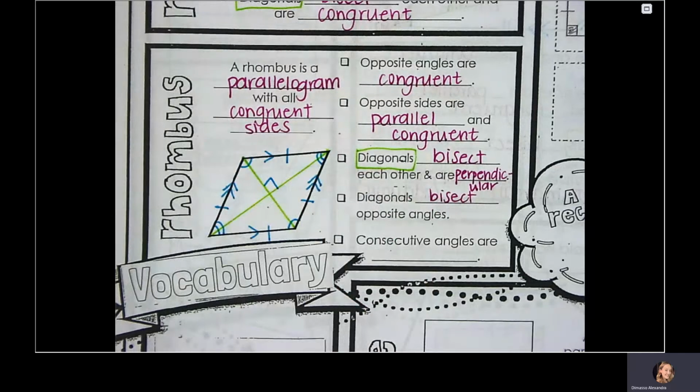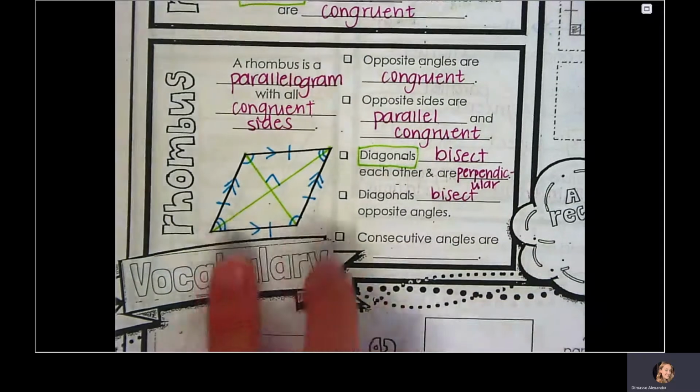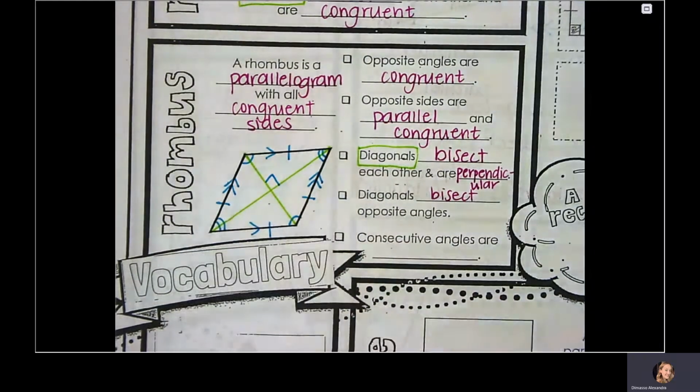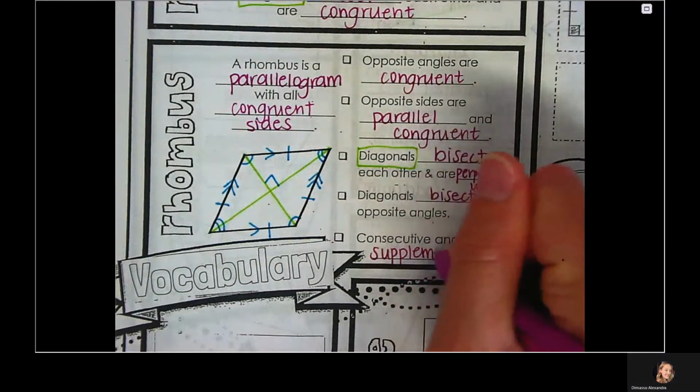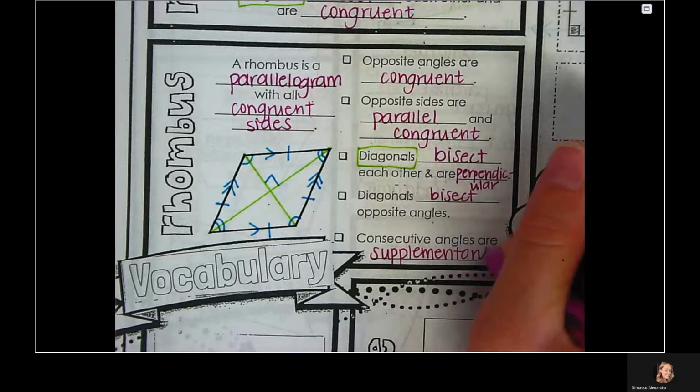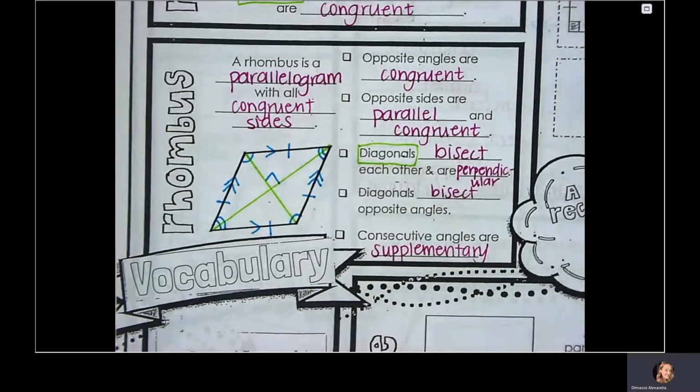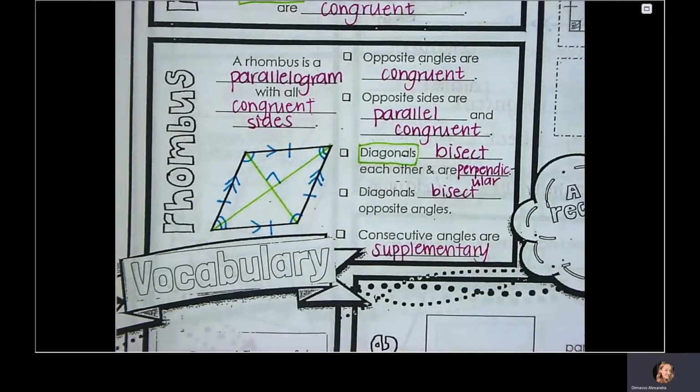The last part is that consecutive angles that are right next to each other are supplementary. So they should add up to be 180 degrees.